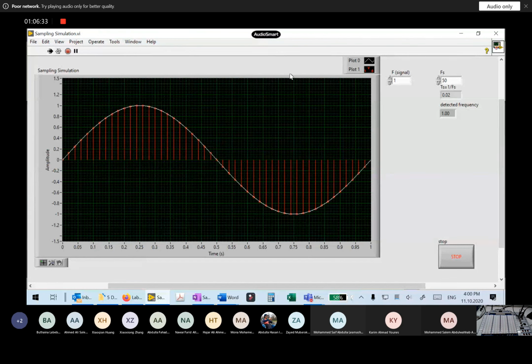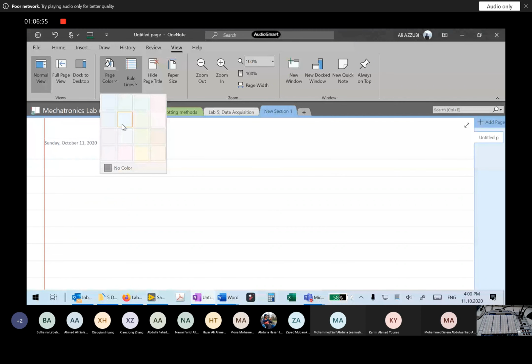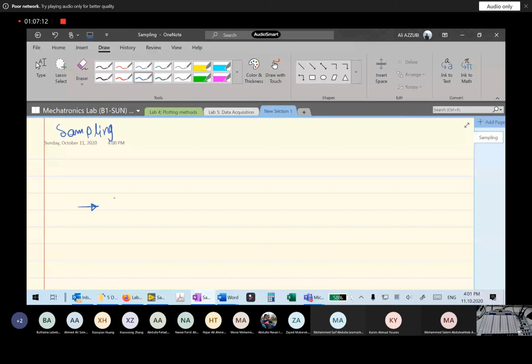Now here I have two signals, the F signal and the Fs. What is Fs? Let me put a new tab here. Just a few principles about sampling. Fs, you need to remember this.